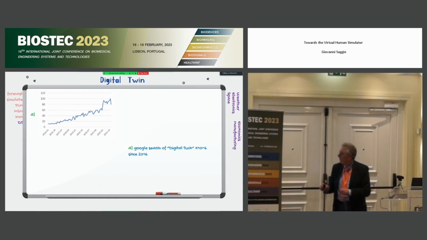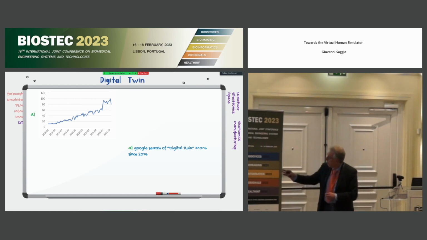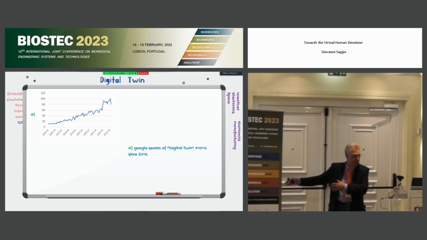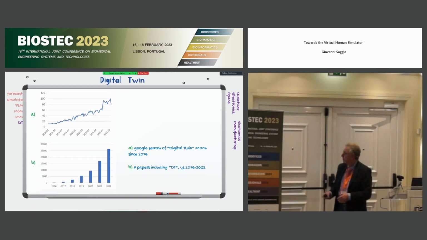If I try to see the trend of the search for these two words, digital twin, on Google, you see that since 2016 till a few months ago, 4 months ago, the trend is more or less exponential. Not only the search is exponential, but the papers.